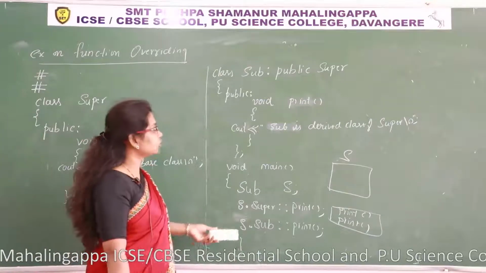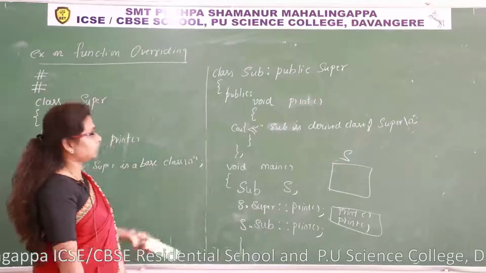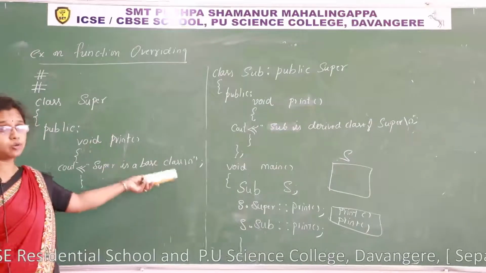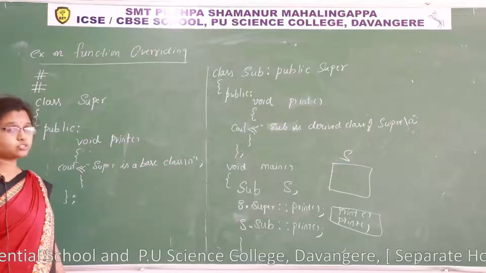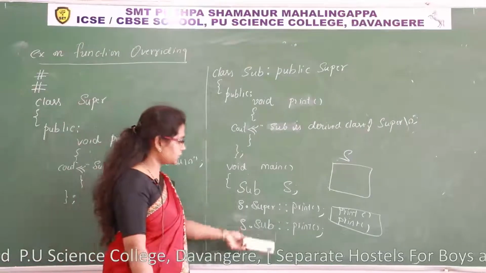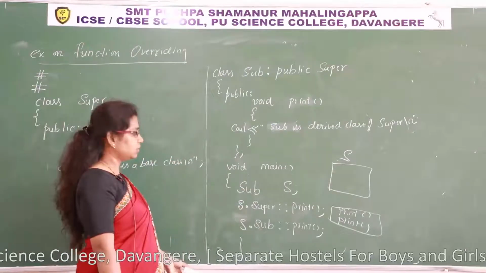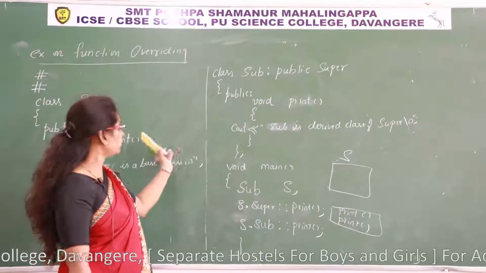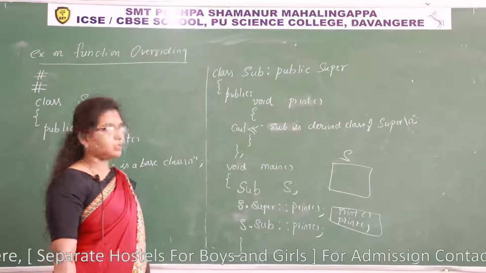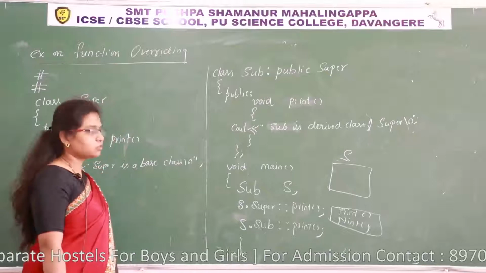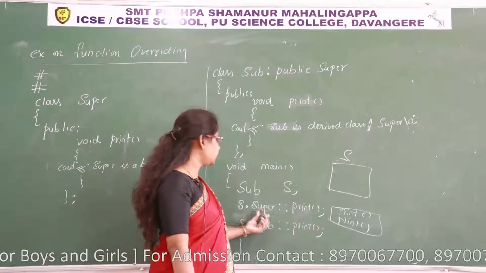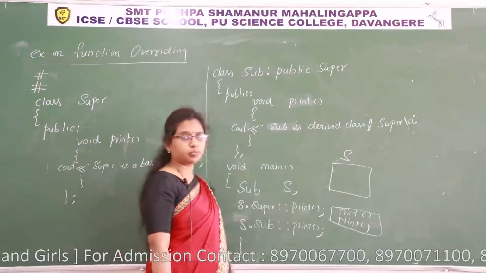If a non-member function wants to access a member function, it must use object and dot operator. Main is a non-member function, and from main I am calling print functions, so I must use the object name and dot operator. Both functions have the same name, so to resolve that problem I have used the class name and scope resolution operator.